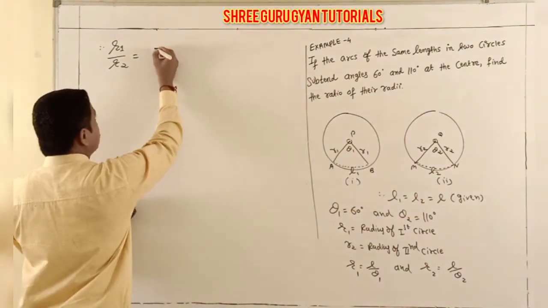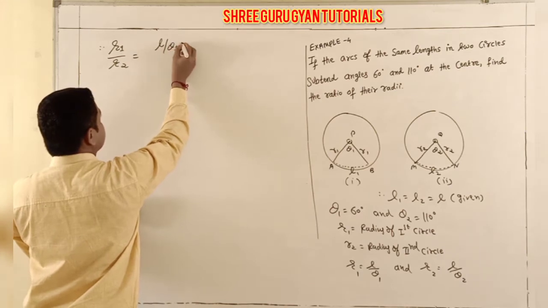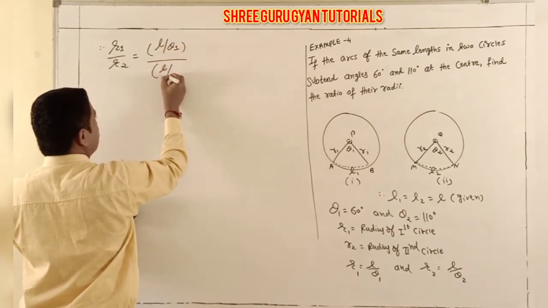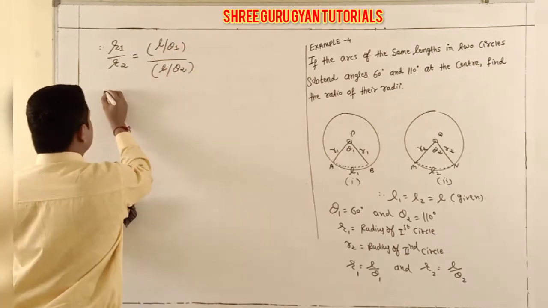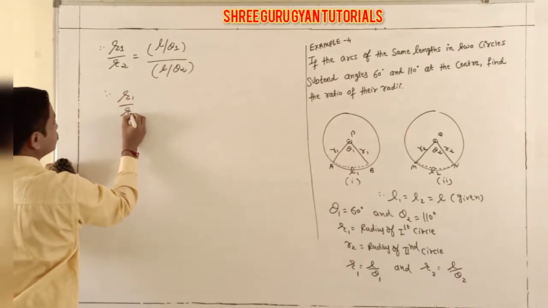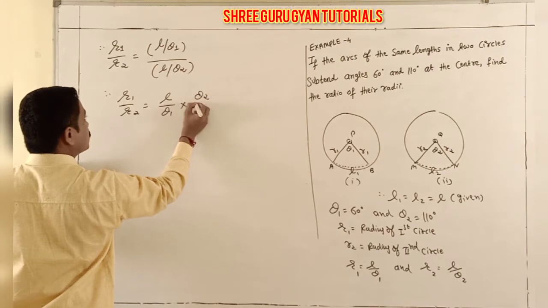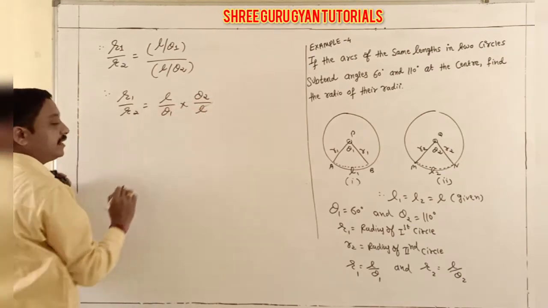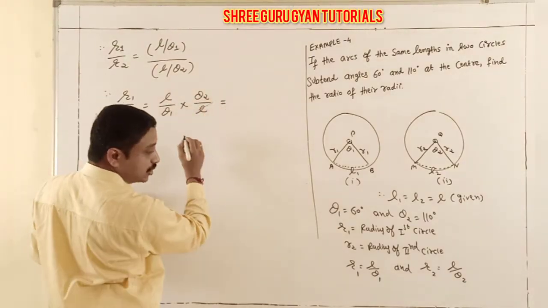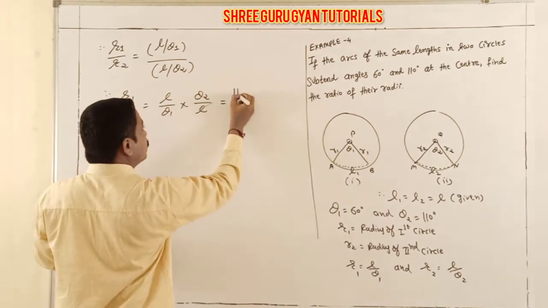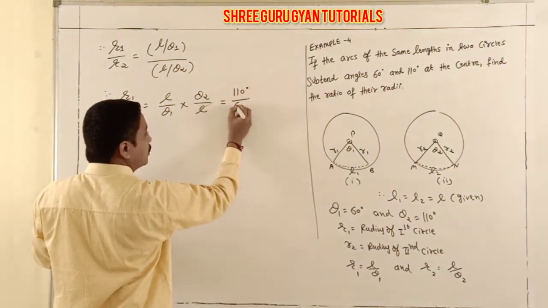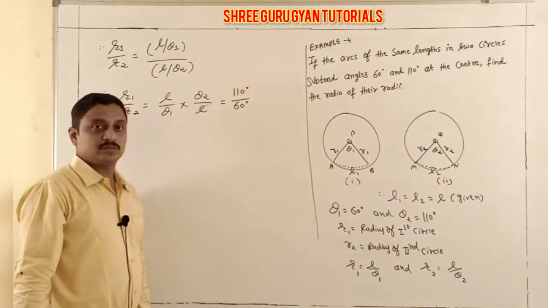My R1 value is L by theta 1, and R2 is L by theta 2. So what do you get? R1 by R2 is L by theta 1 into theta 2 by L. Cancel L. Put the value of theta 2: 110 upon 60 degrees.